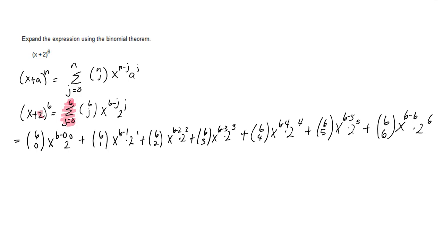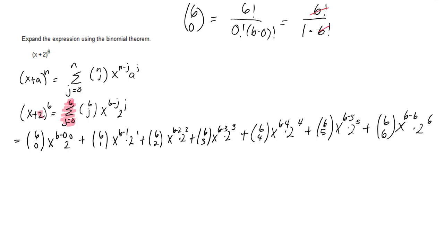So we can calculate 6 choose 0. With the combination formula, 6 choose 0 is 6 factorial over 0 factorial times 6 minus 0 factorial. 0 factorial is 1, and 6 minus 0 is 6, so we have a 6 factorial in the bottom and on the top.